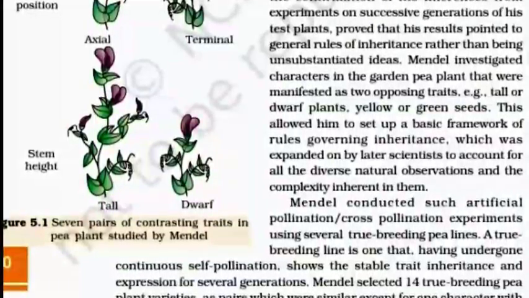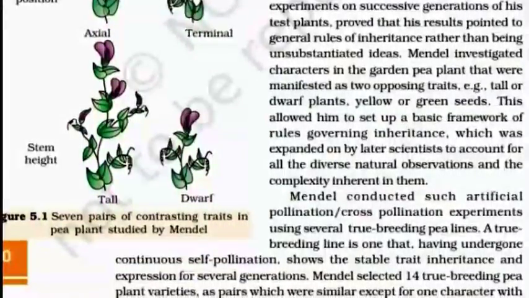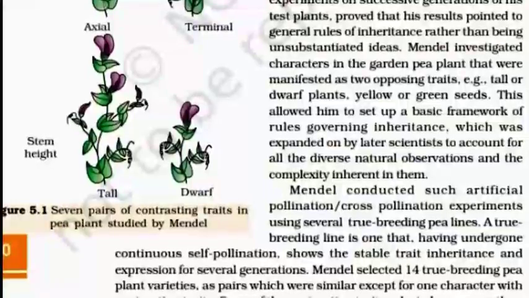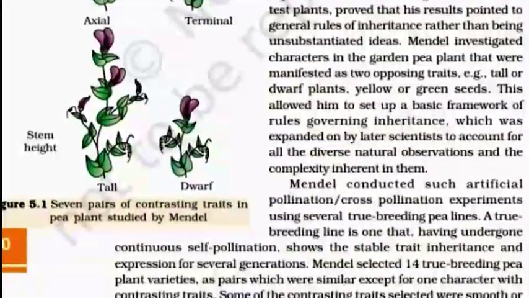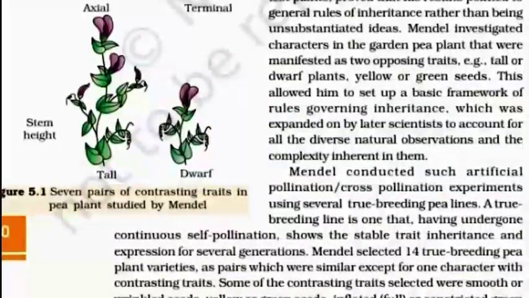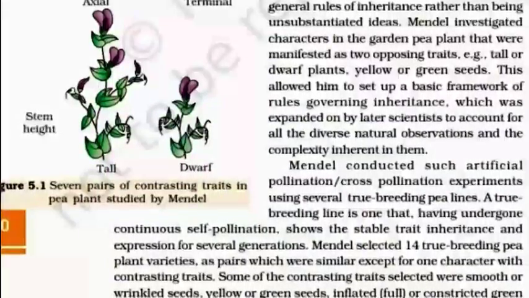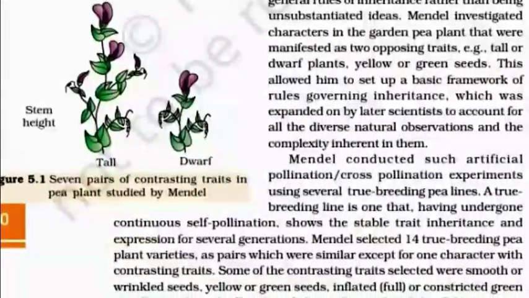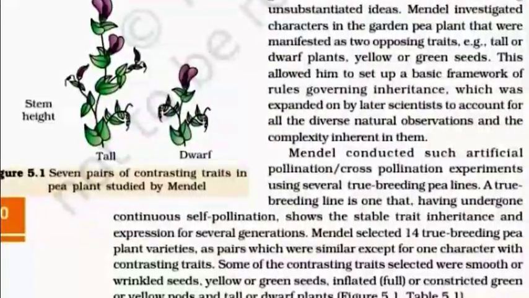Mendel conducted such artificial cross-pollination experiments using several true breeding pea lines. A true breeding line is one that, having undergone continuous self-pollination, shows stable trait inheritance and expression for several generations.